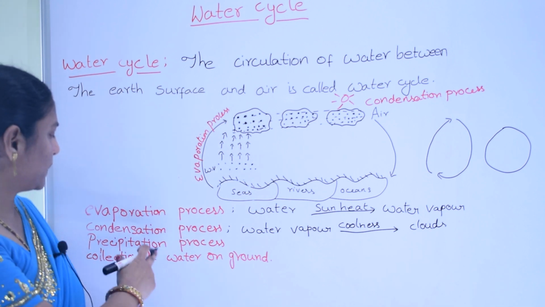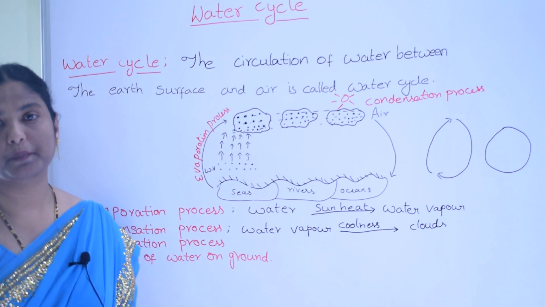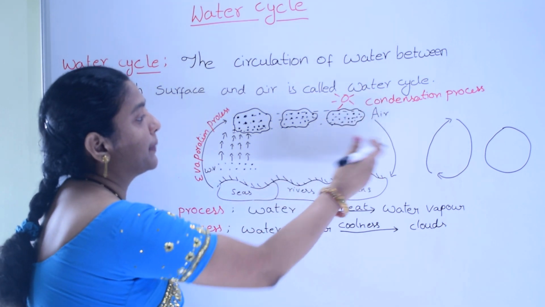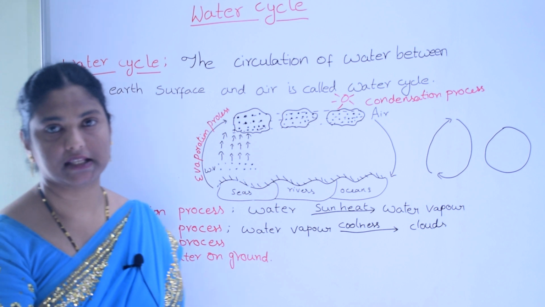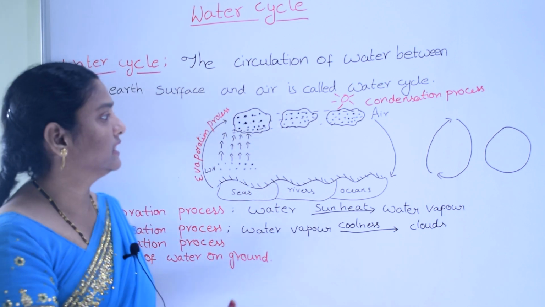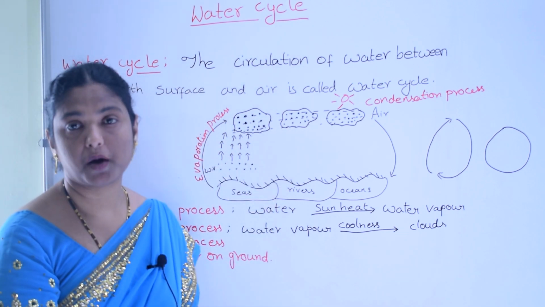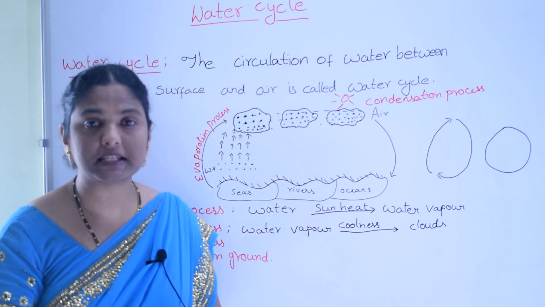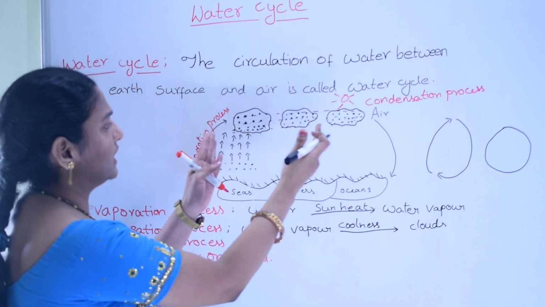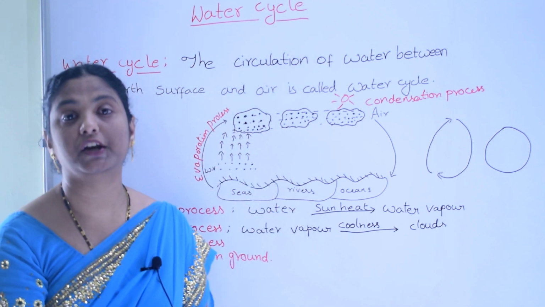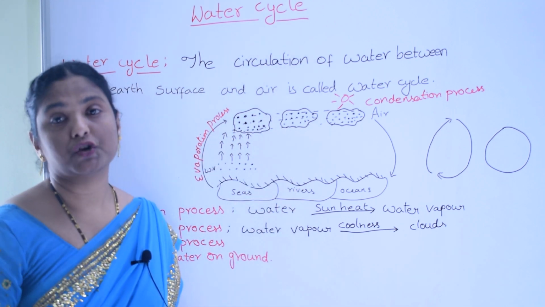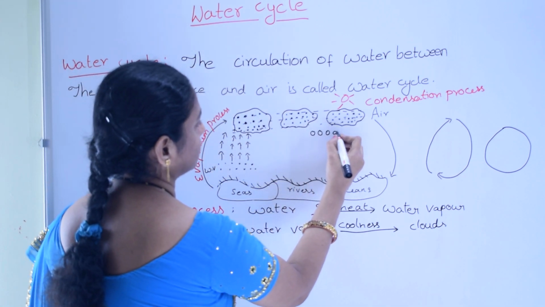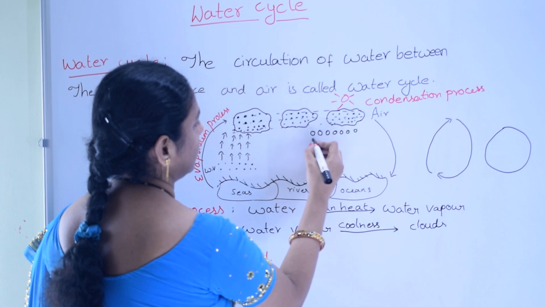So, next process is precipitation process. Here, after this condensation process, precipitation process takes place. That means like this many clouds are formed and many tiny droplets are formed. Because of this heaviness, these tiny droplets get converted into big droplets of water. Like this.